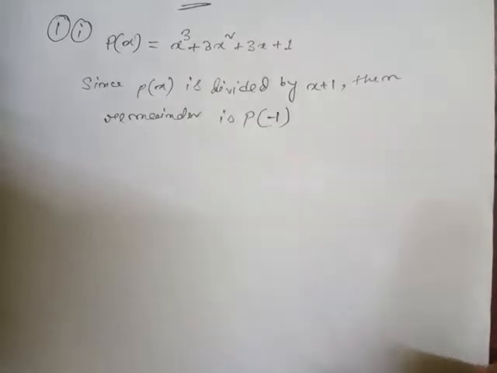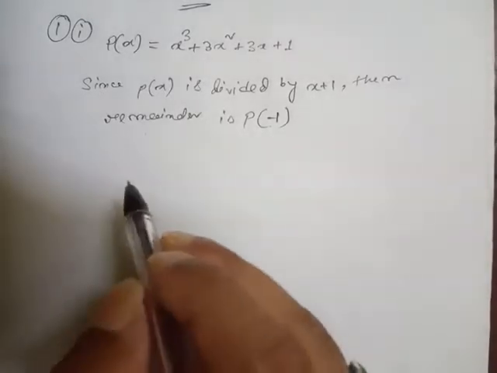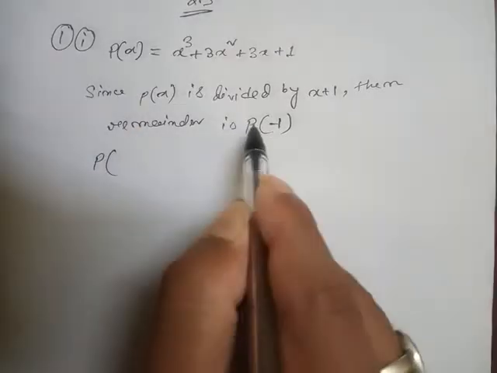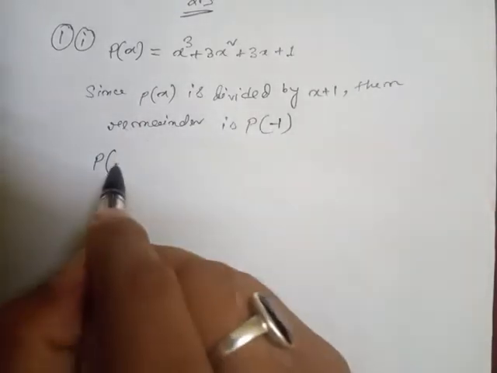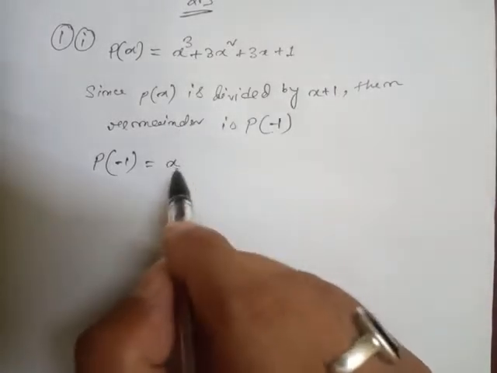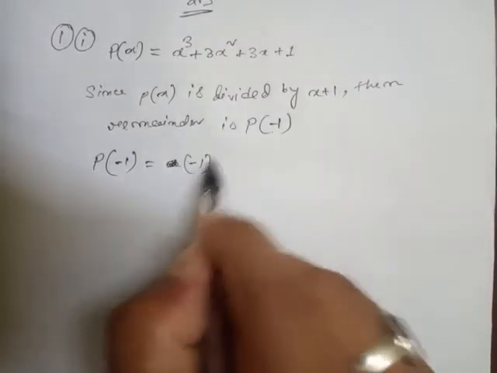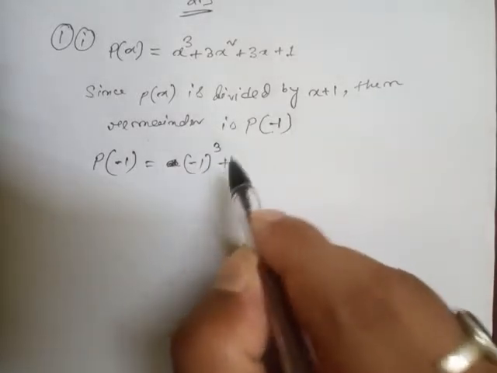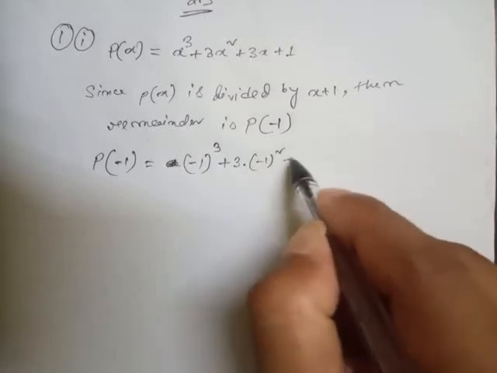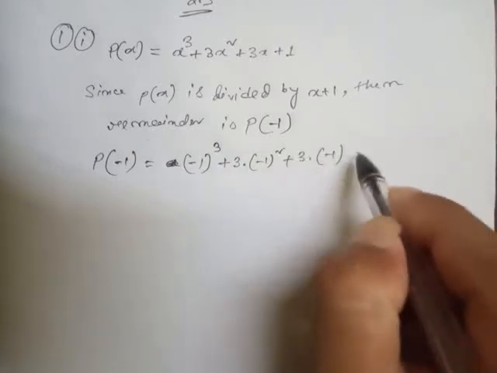So now in the next step, in place of P(x), I will write the value of x as minus 1, so we put here P(minus 1). Then there is x cube, so in place of x cube I will write minus 1 cube, plus 3 into x square, so 3 into minus 1 square, then 3 into x means 3 into minus 1, plus 1.